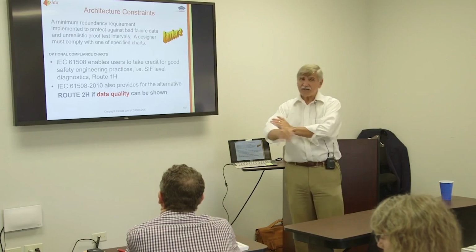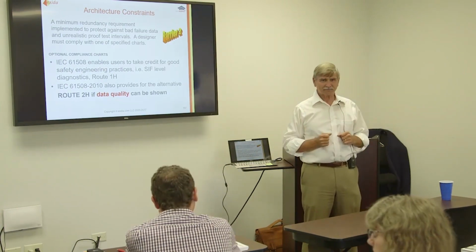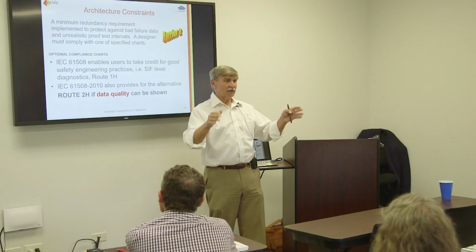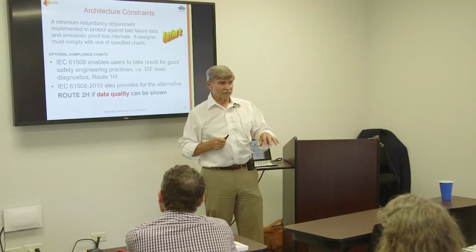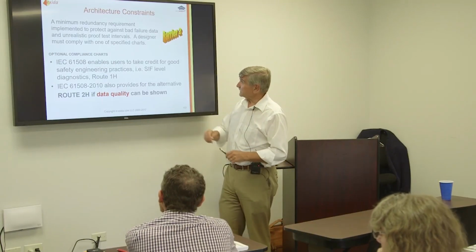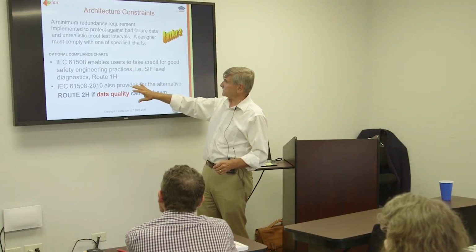Architecture constraints, what is that? I could give you the entire history of that because it was long and controversial, but it doesn't really matter. The bottom line is, in the old version of 61511, in the old version of 61508, and in the new version, there are minimum levels of redundancy as a function of some variables. 61508 has two approaches.